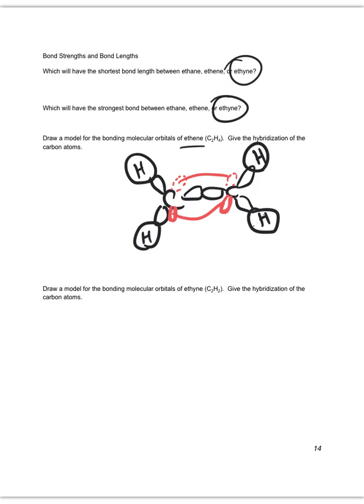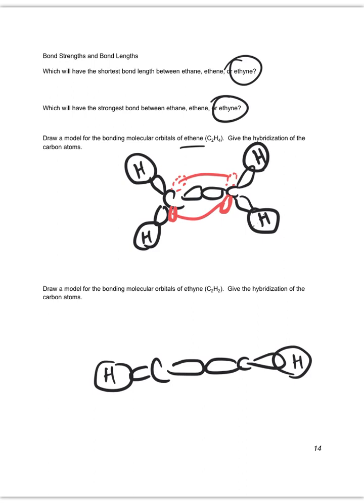Now if we go to ethyne, we have a carbon that's sp hybridized, as we said, to each of the hydrogens. So we have that, and then each of those carbons still has 2 p orbitals on it, as we said, for the pi bonds.